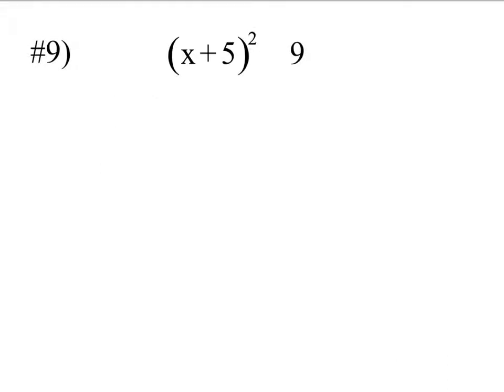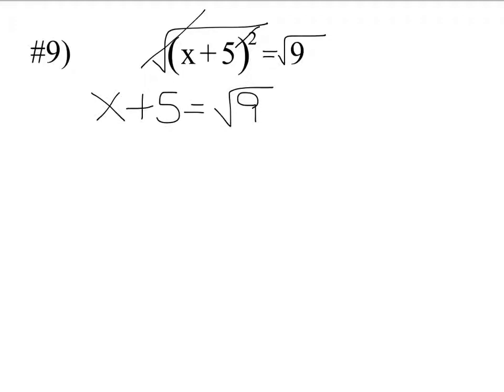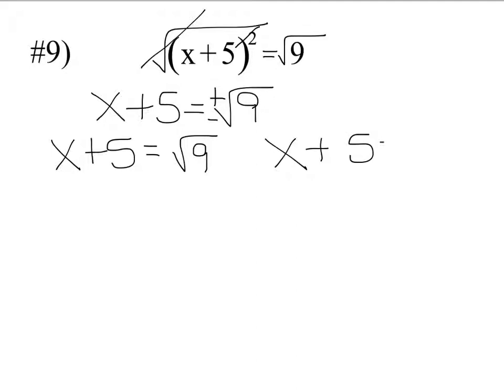Alright, now we have x plus 5 squared is equal to 9. Just like before, I'm going to square root both sides. Square root and squared cancel, leaving you x plus 5 is equal to the square root of 9. Now, because I wrote the square root of 9, it's plus or minus the square root of 9. So you have two problems here. x plus 5 is equal to positive square root of 9, and x plus 5 is equal to negative square root of 9.